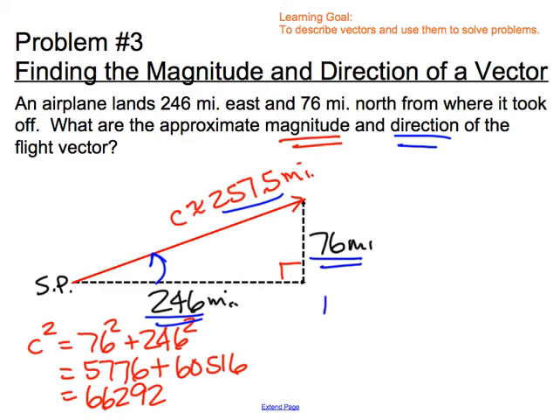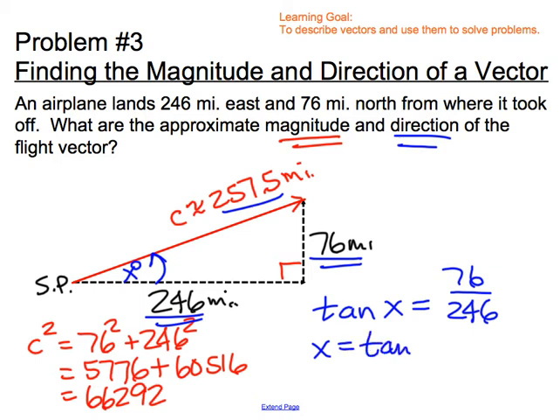So we have the tangent of x degrees is going to equal 76 divided by 246. So x is then going to equal the tangent inverse of 76 over 246.